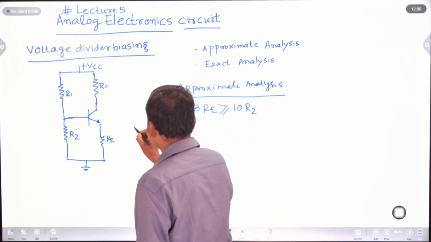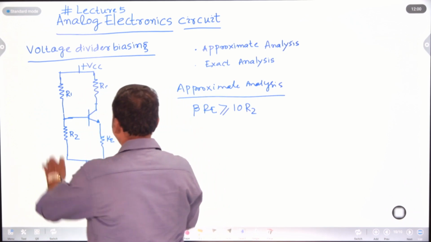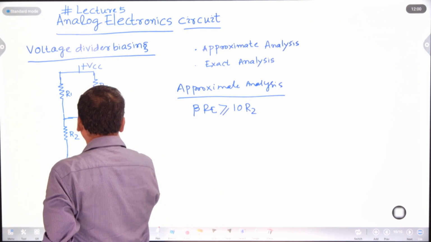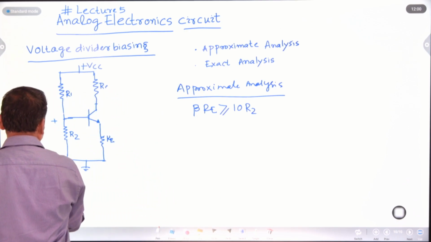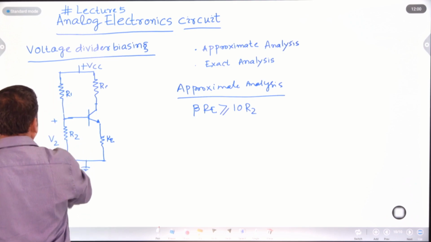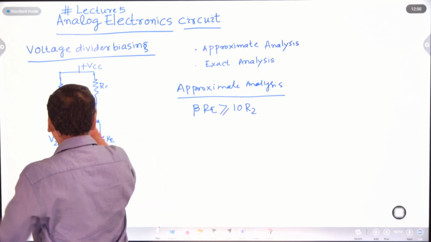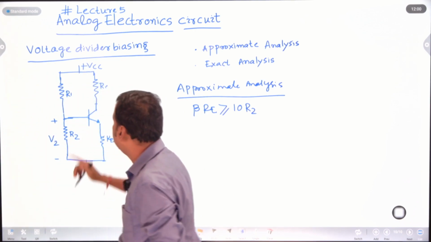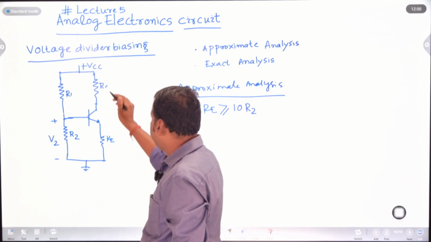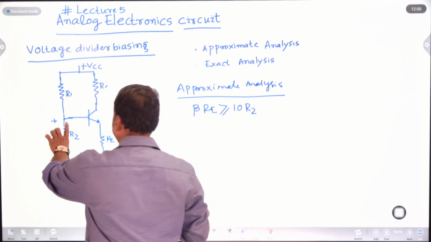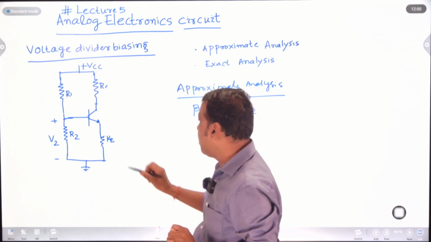So in case of approximate analysis, this is R1 and this is R2. This voltage is V2 and this voltage is V1. VCC, the collector supply voltage, equals the sum of these two voltages. Here we have neglected the base current.